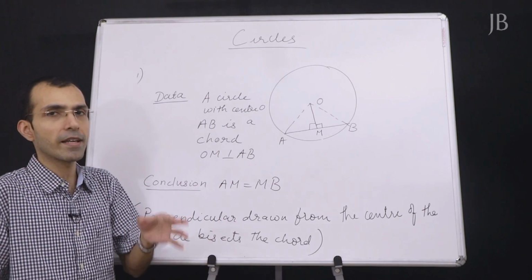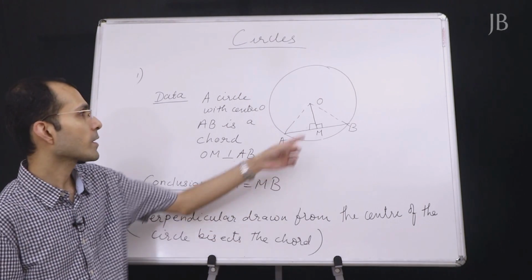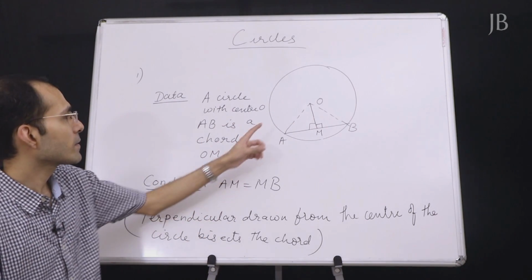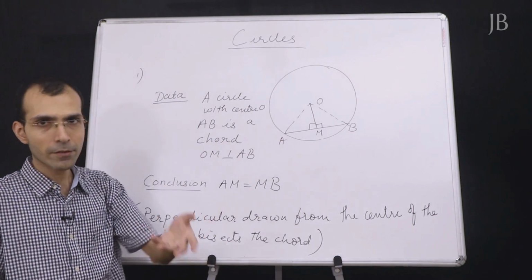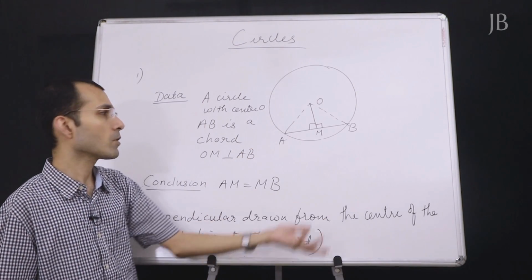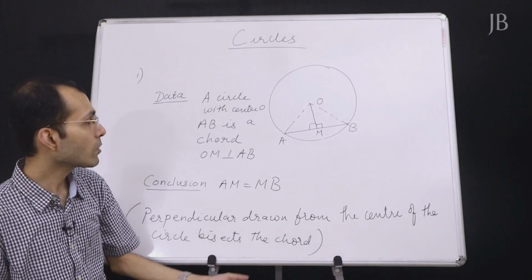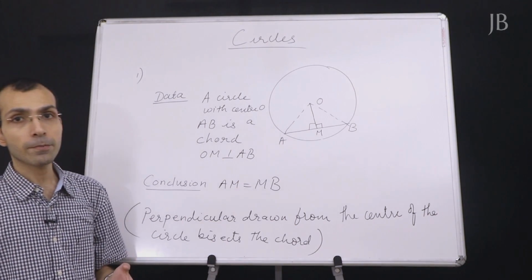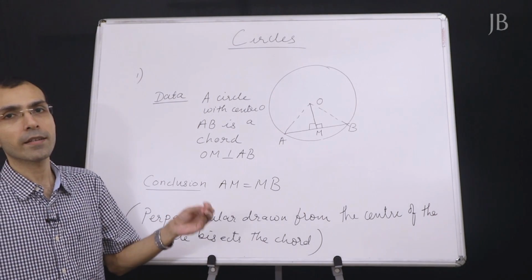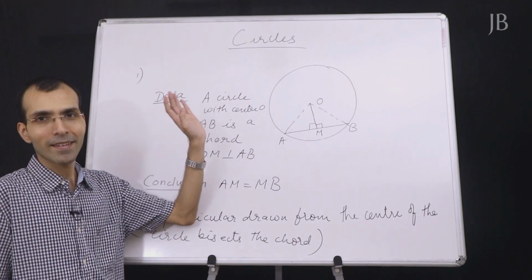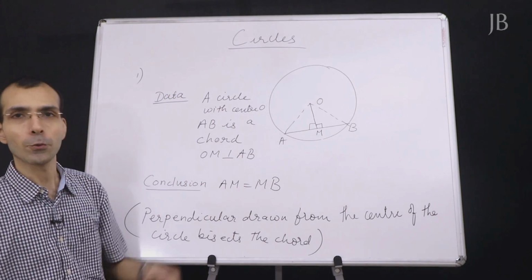There is no test called SSA or ASS. This is a clear-cut case of RHS test of congruency, you are aware of. So by RHS test, the two triangles are congruent, and if two triangles are congruent, then naturally AM and MB will be equal. Corresponding sides of congruent triangles are equal. So we have even proved that this is true.